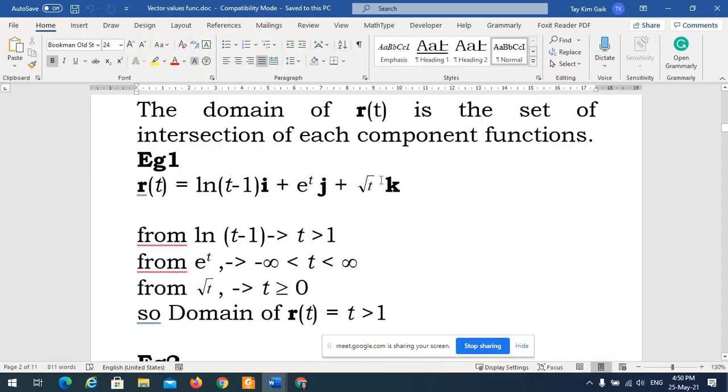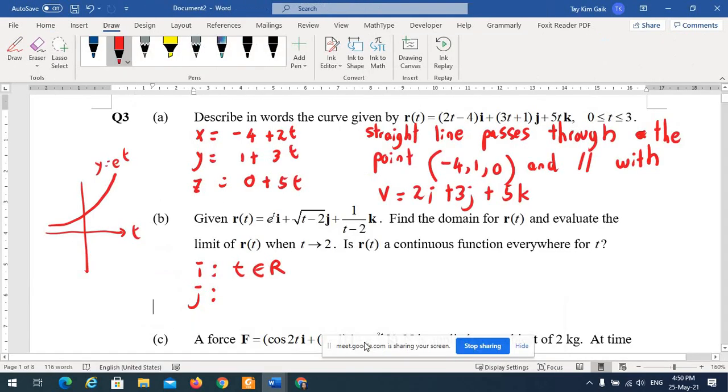When you have the square root function, you must set whatever is under the square root function greater than or equal to 0. Example 1, last night. When you meet any square root function, you have to set whatever is inside the square root function, because inside the square root is t minus 2. You must set it greater than or equal to 0.